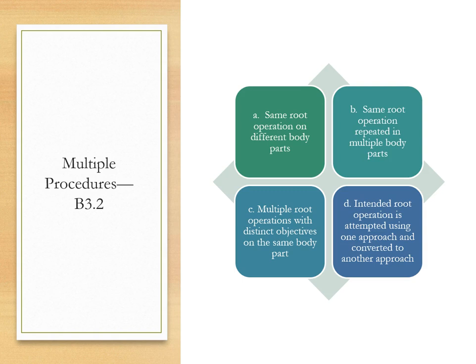So let's say the patient has a destruction of a lesion on the duodenum and a bypass on the duodenum. Those are two distinct root operations, but we had multiple procedures performed on the same site.